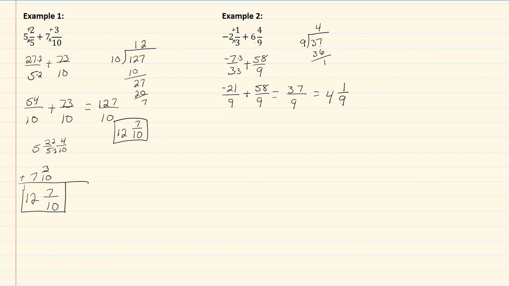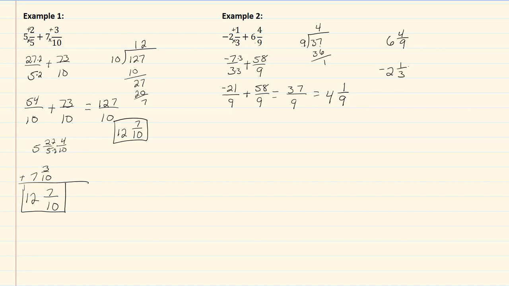Now the trick to subtracting with mixed numbers is that you always put the larger number on top. And I always do these vertically, by the way. So this will be 6 and 4/9, because it's larger than 2 and 1/3, minus 2 and 1/3.